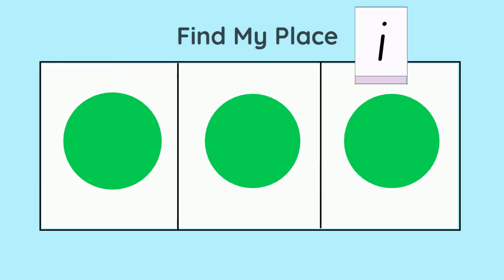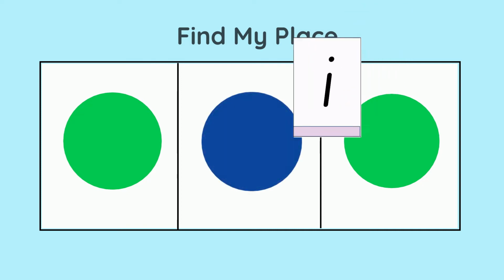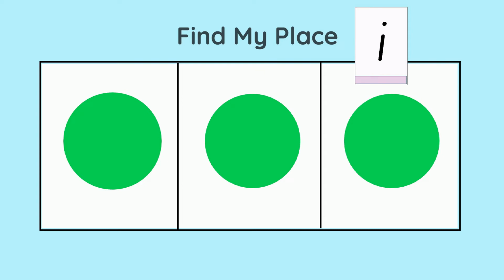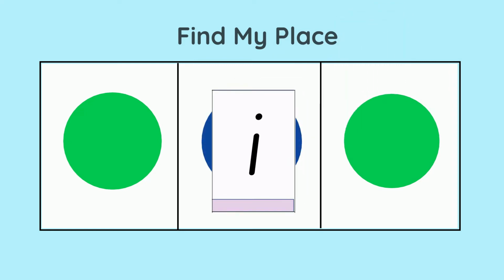Find the place of I in the word miss. Stretch it. M, I, S. Where was I? In the middle again. Have a go on your own. Find I in kit. In the middle again.